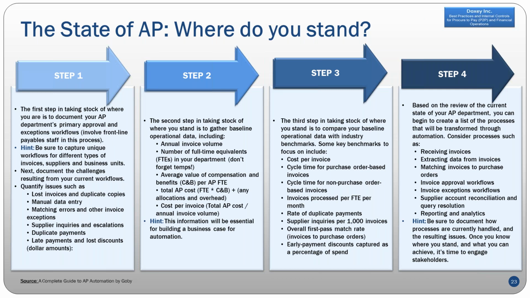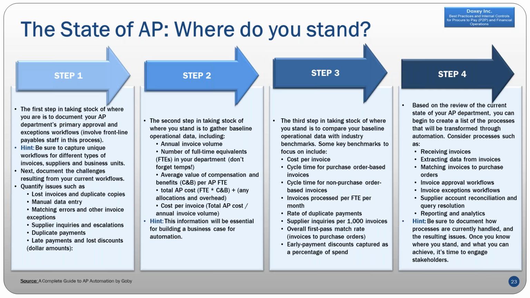If you're allocating any system, facilities, or corporate functional costs to accounts payable, that should be considered as well. Look at your cost per invoice, which is the total AP cost divided by the annual invoice volume. This is going to help build the business case for automation.